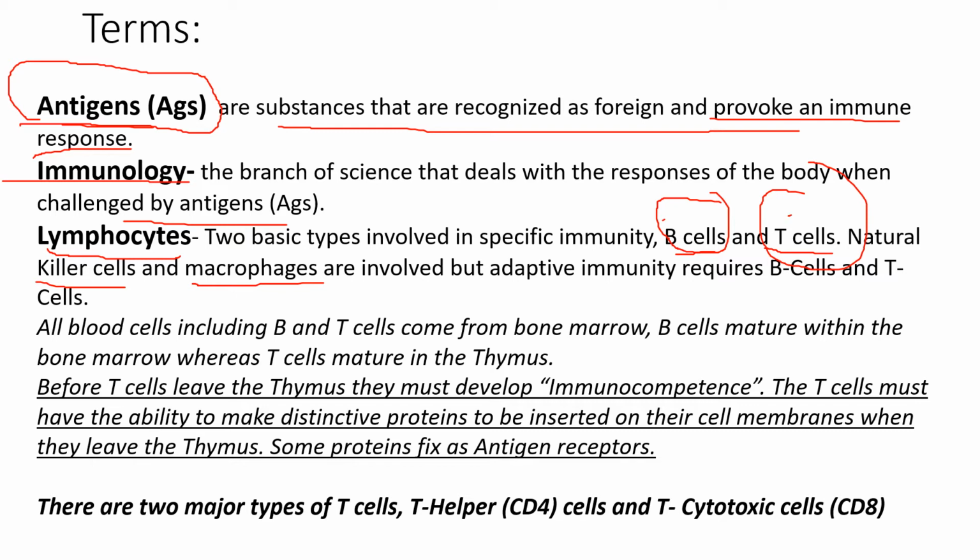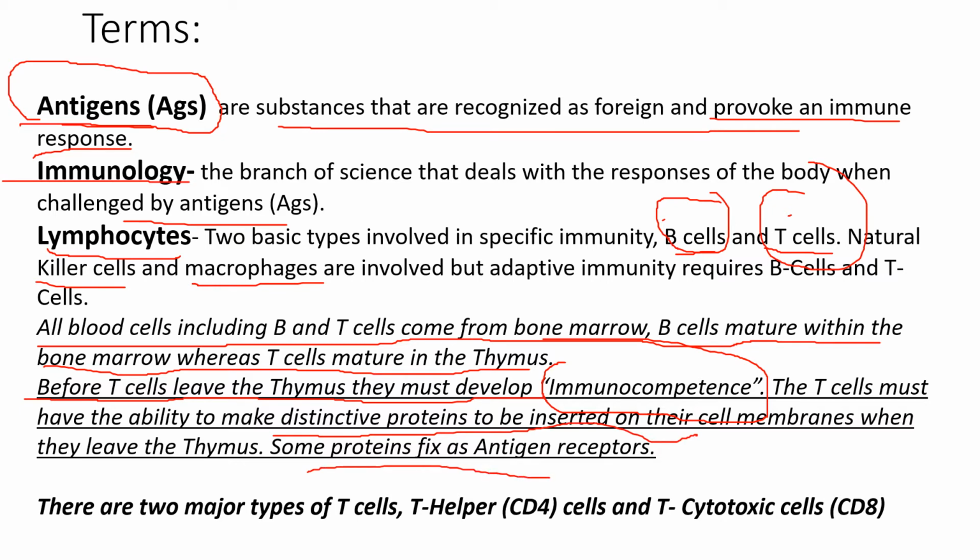And so let's talk about them for a minute. All blood cells, including B and T cells, come from bone marrow. The B cells mature within the bone marrow, whereas the T cells will mature in the thymus. Before a T cell can leave the thymus, it must develop what's called immunocompetence. That means the T cell must have the ability to make very distinctive proteins to be inserted on their cell membranes, and when they leave, these proteins will be used as antigen receptors.